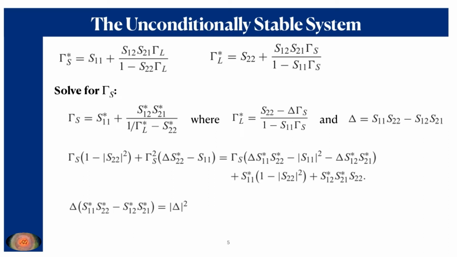Now, in order to solve this first one, I am considering this one. Here I have taken the conjugate of this expression on both sides of the equal sign, and finally I have achieved this expression.